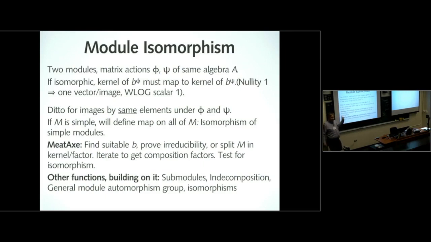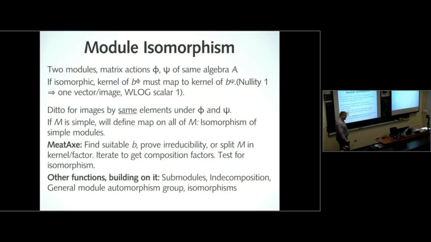Namely, it starts with, we take a module, we look at it. If it's not simple, we look at submodules, factor modules, we recurse to these. In the end, we get simple composition factors for the modules and matrices for the actions on the simple composition factors. We test for isomorphisms between these simple modules, so we get the composition series up to isomorphism.